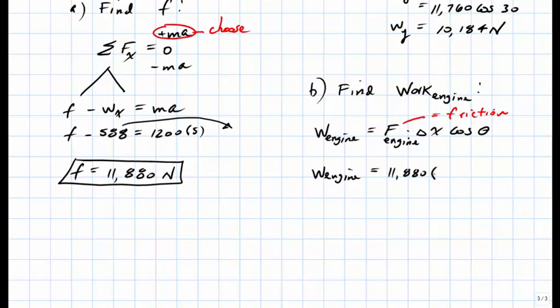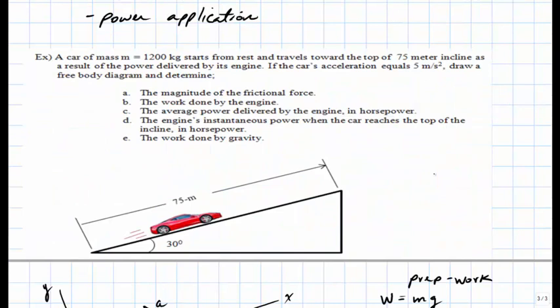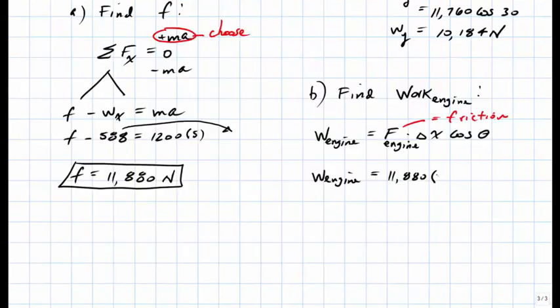The displacement, which was given within the body of the problem, let's take a look at that. Here it is, the displacement equals 75 meters, as noted in the diagram as well. And the angle between the frictional force and the displacement equals 0 degrees.